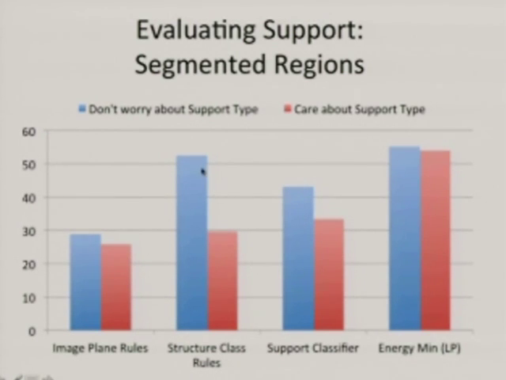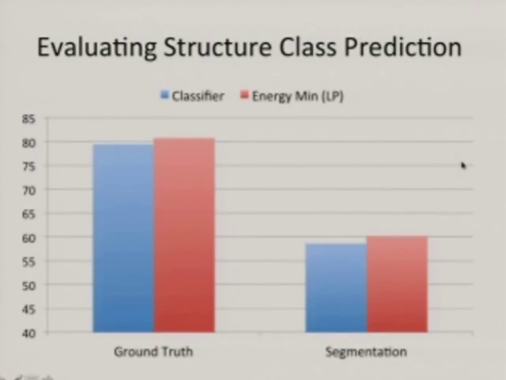Again, you'll see this interesting thing where if you don't care whether it's a horizontal or vertical support you predict, you do almost as well as our overall scheme, but if you do want to correctly understand whether it was supported from below or from behind, the performance does drop without the prior information in our model. So this is just showing you side by side the performance of our overall approach on the ground truth segments and then the segments produced automatically.